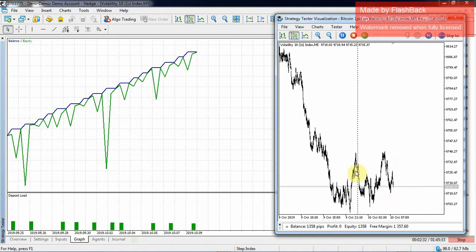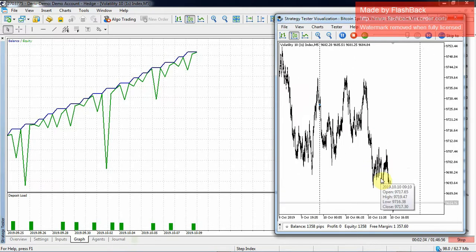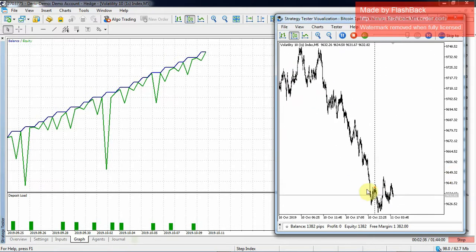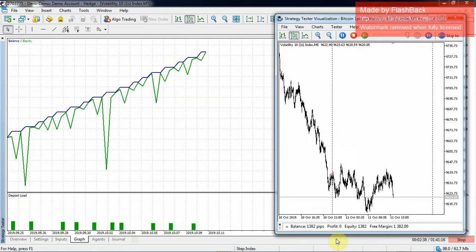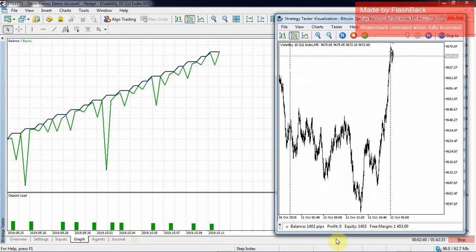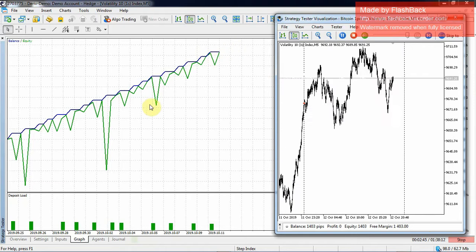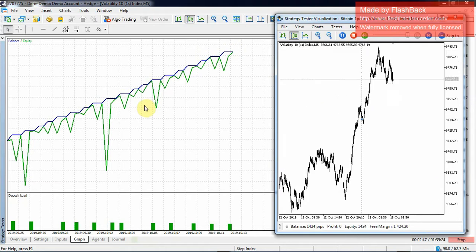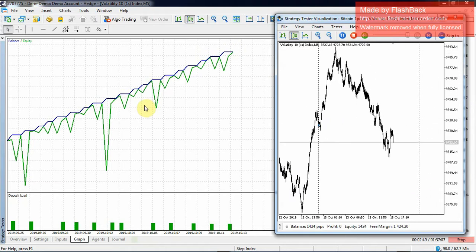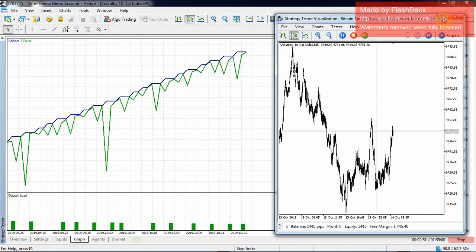So this one and the NAS 100 are not different in terms of the logic behind these two robots, the NAS and the Volatility 101S. The logic is the same.